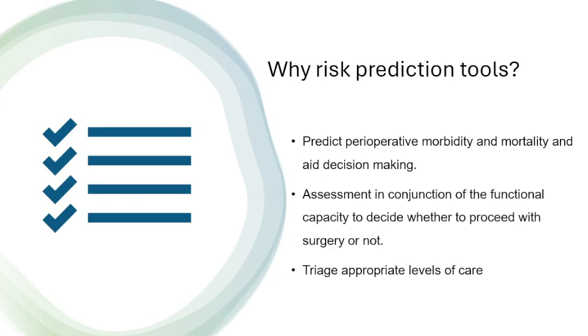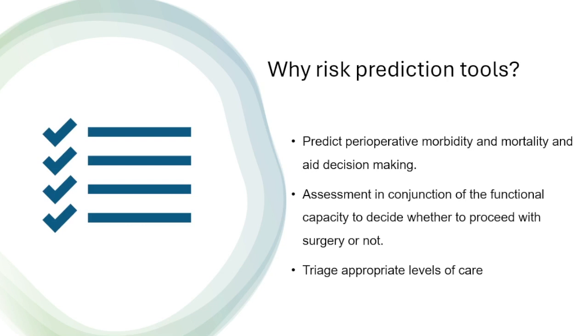Okay. So why do we assess the risk? There are risk assessment scores and prediction tools. From all that, we can identify the patients at high anesthetic risk. And also by assessing the functional capacity, we can identify the patients who are at high anesthetic risk.